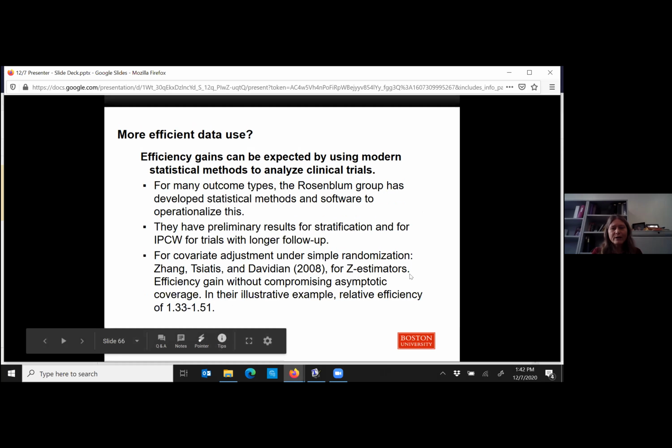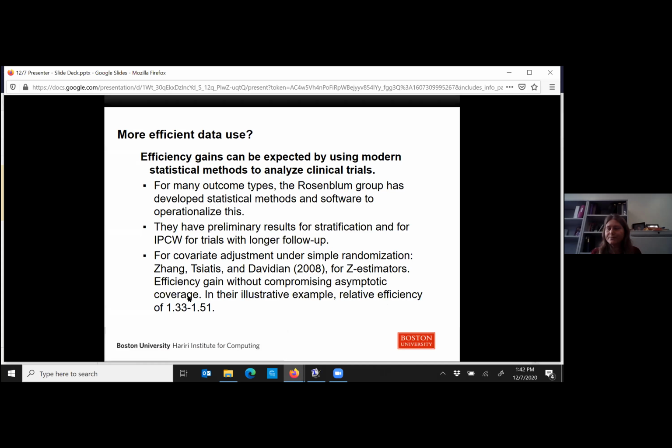And they report in their example a relative efficiency of 1.33 to 1.51, so considerable gain in precision. And also this gain in precision can be attained without compromising asymptotic coverage.